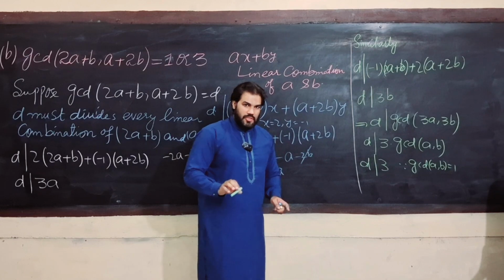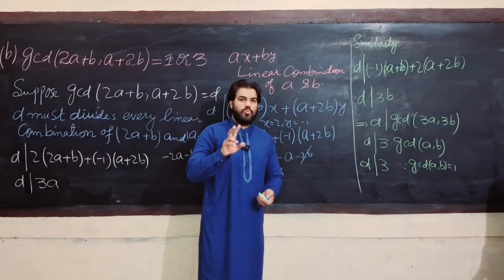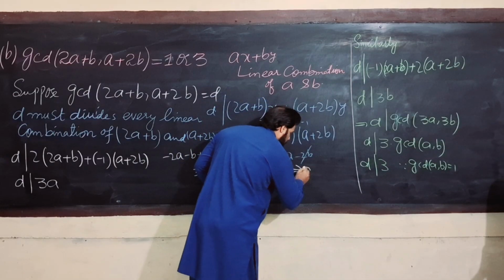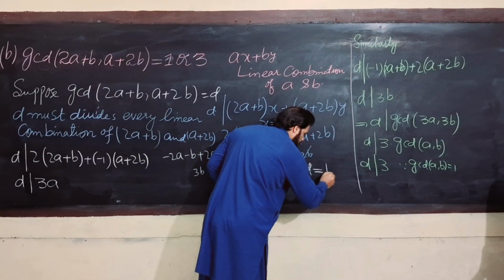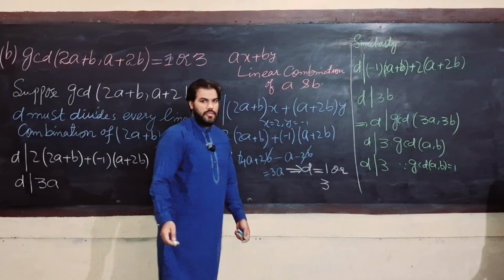As D is a positive integer and it divides 3, there are only two positive divisors of 3. There are only two possibilities for D. This implies D is equal to either 1 or 3. That is the required proof.